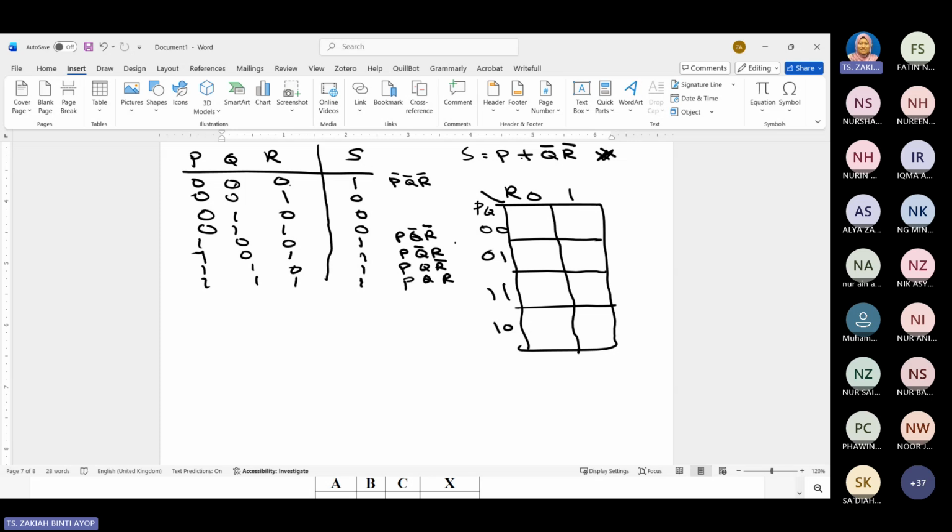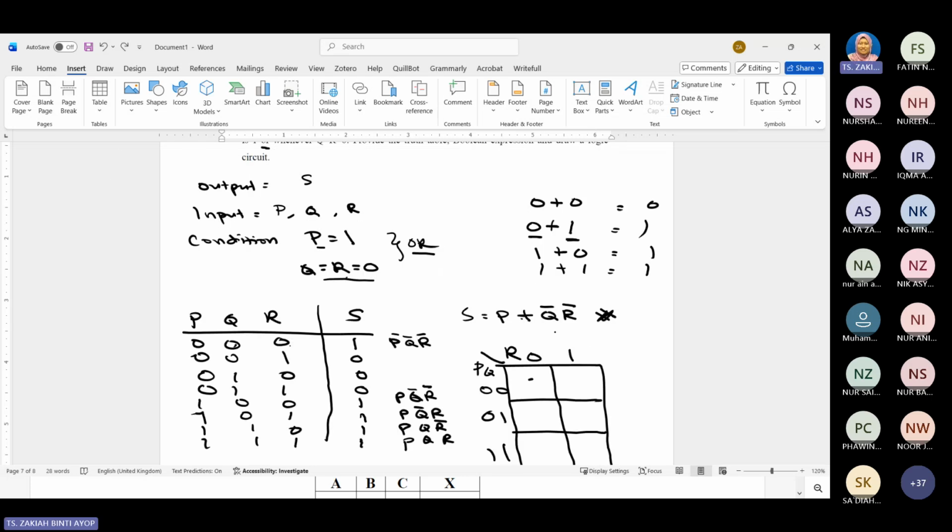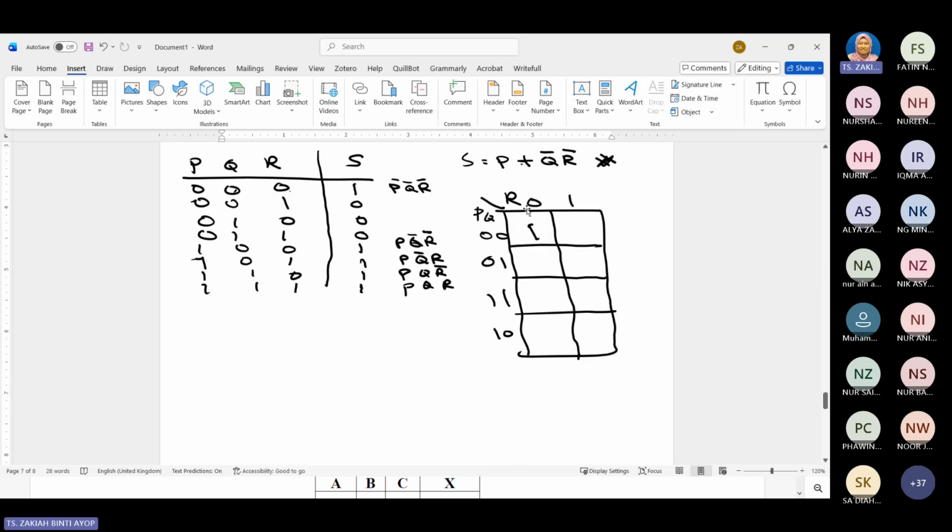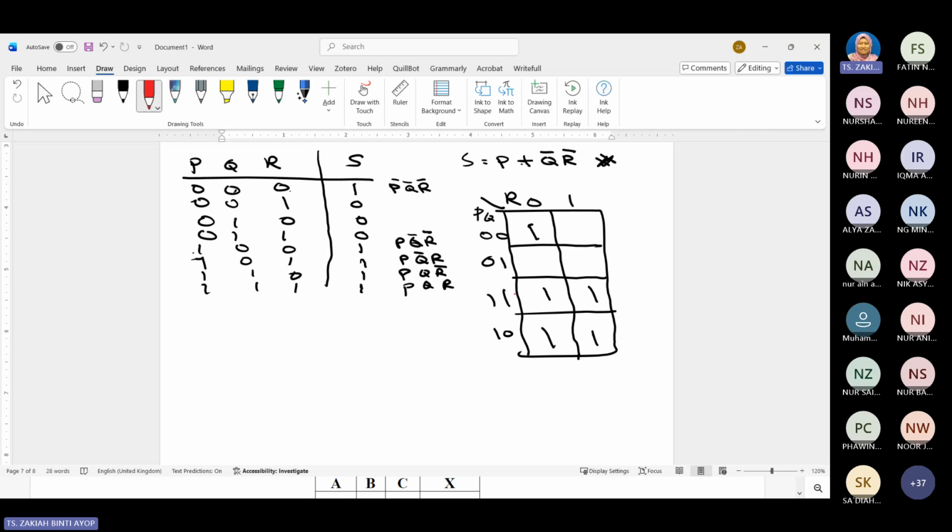Now, based on the expressions there, just use the coordinates. 0, 0, 0 is 1. And then 1, 0, 0 here. And then 1, 0, 1 here. And then 1, 1, 0, 1, 1, 1. Now, remember how to group. We group the largest one.